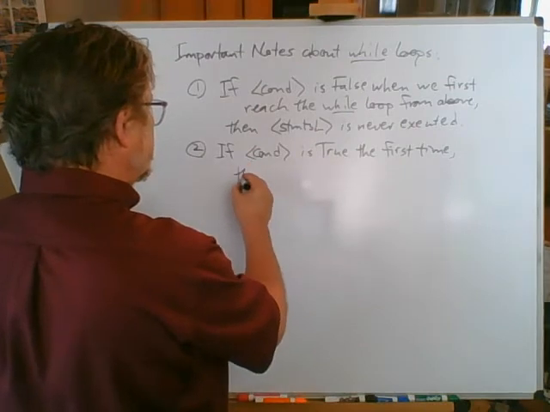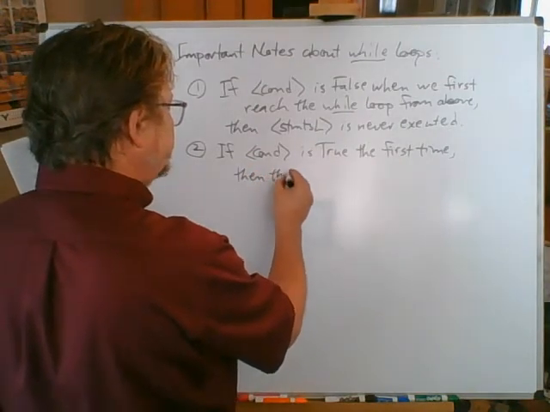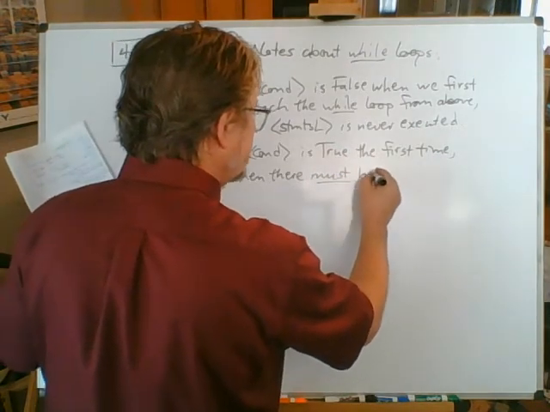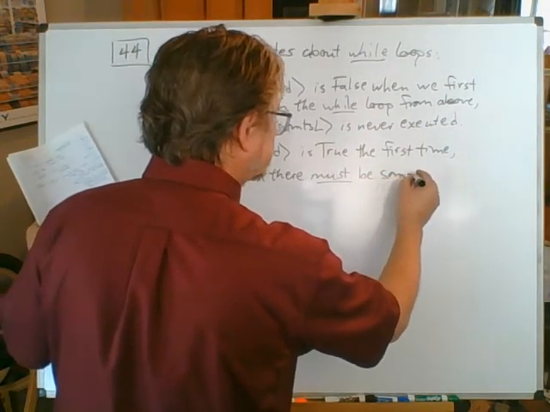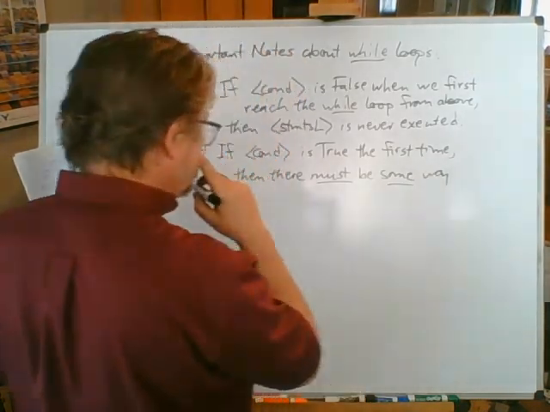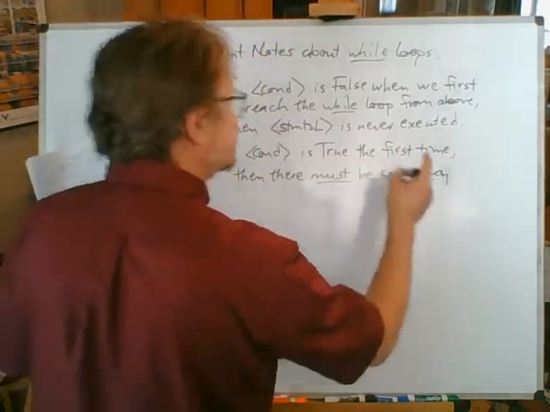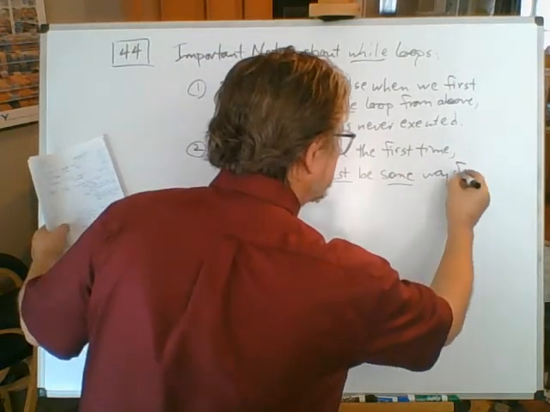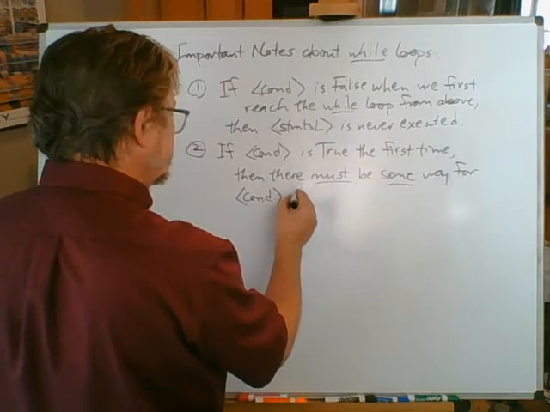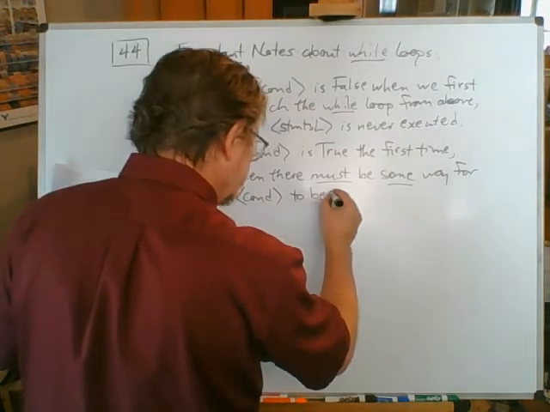Condition is true the first time, then there must, underlined, must be some way, must and some, emphasis in two places, then there must be some way for condition to become false.